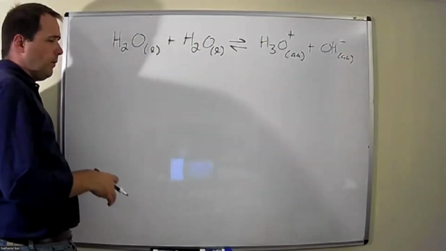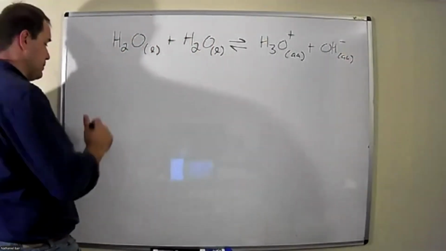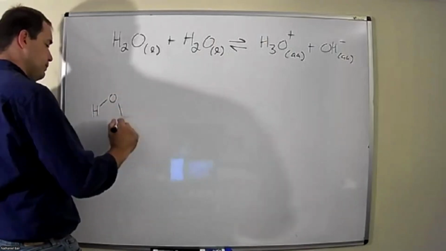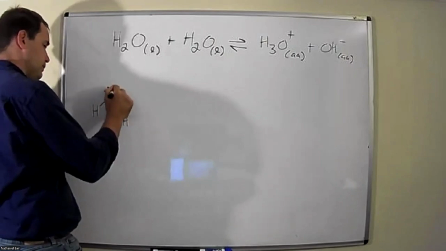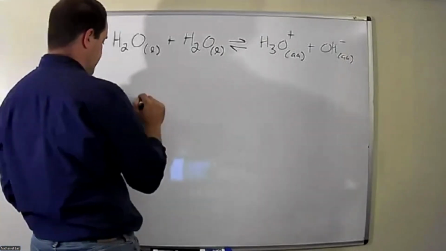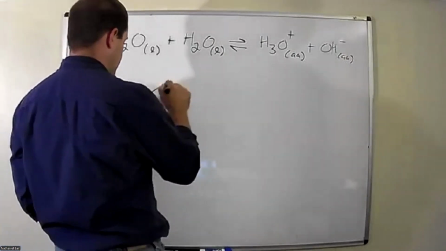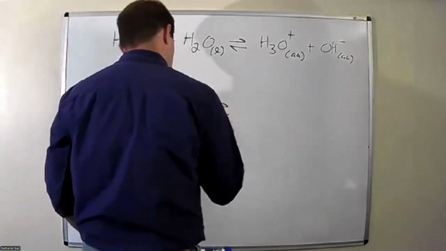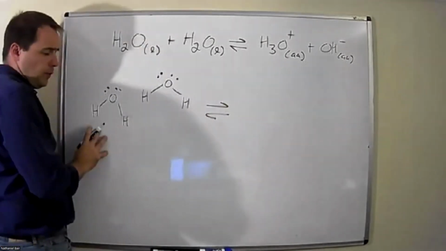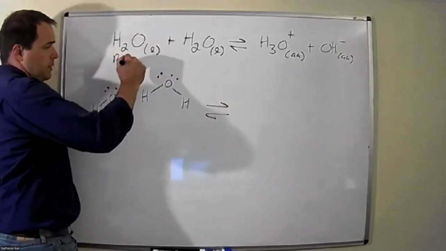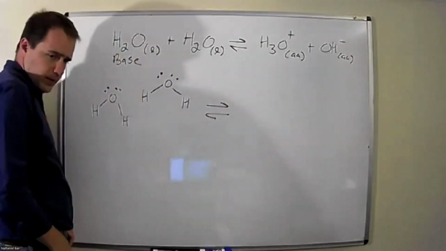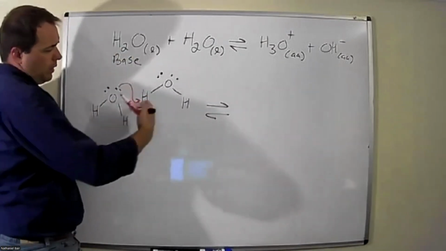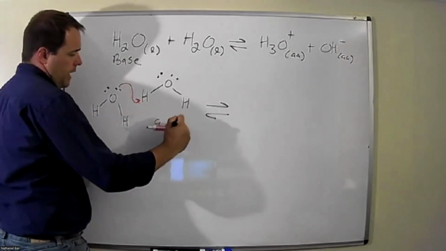And what I maybe want to do, we'll draw the Lewis structures. So if I draw a water, and I draw another water, what happens in this reaction is one of the water molecules acts like a base. And in the Lewis definition, that's a proton donor. One of the molecules acts like an acid.